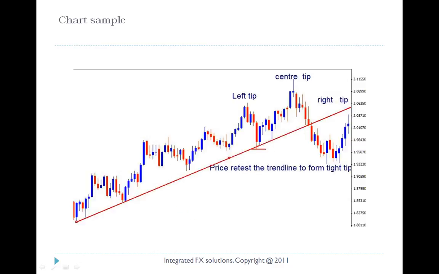Here is the chart sample. The support is taken out and price is retracing towards the trend line. It's also important to note that the head can be called the center tip, the left shoulder the left tip, and the right shoulder the right tip.